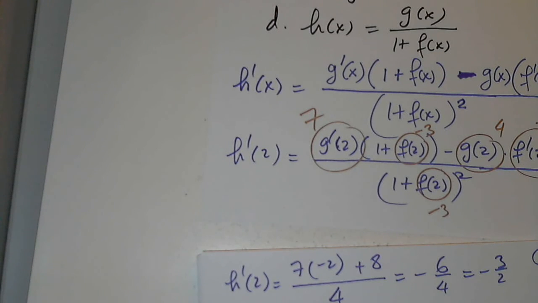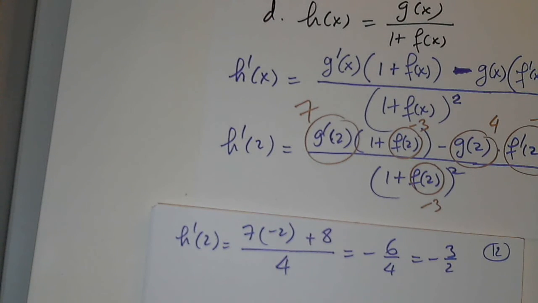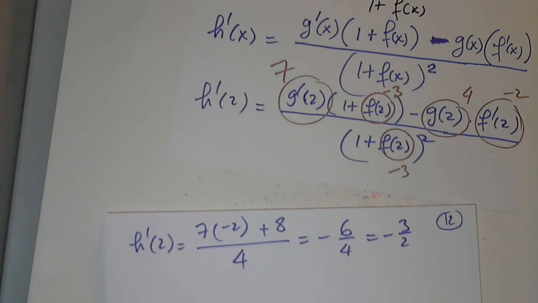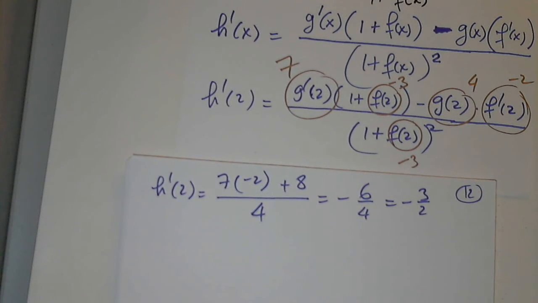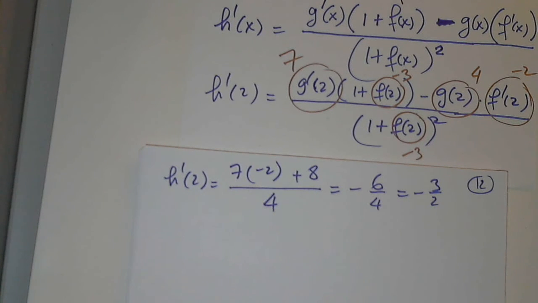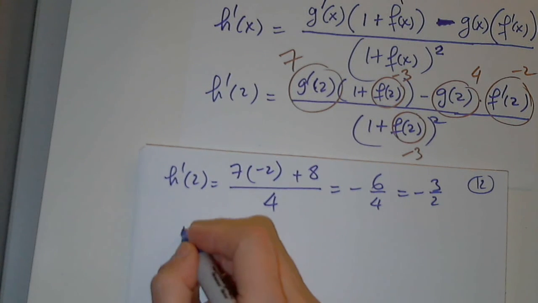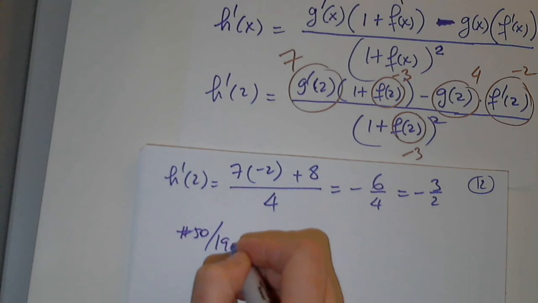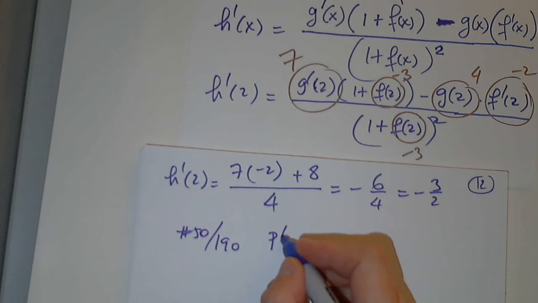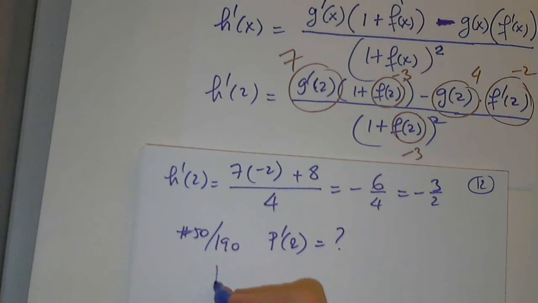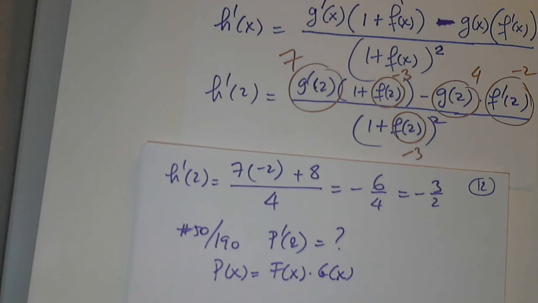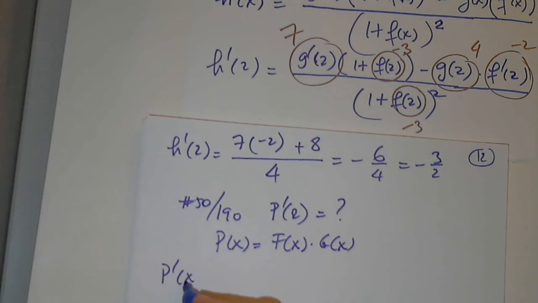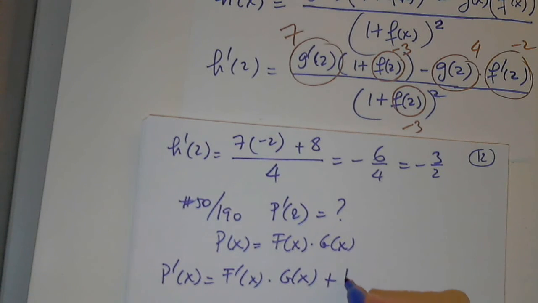So let me put it in writing just a tiny bit so you know what just happened. This was problem 50 on page 190. We were asked to find p prime of 2, and p of x was f of x times g of x. So therefore p prime of x is f prime of x times g of x plus f of x times g prime of x.